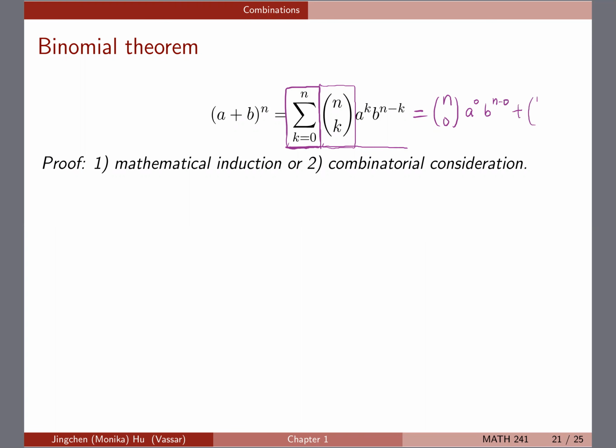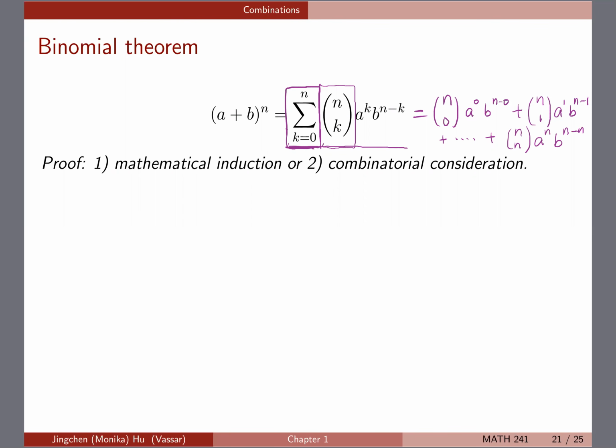Then you move to plus, because that's the summation, n choose 1, a to the power of 1, and then b to the power of n minus 1. And you keep adding until you get to the last term. The last term, when k equals n, is n choose n, a to the power of n, and then b to the power of n minus n.